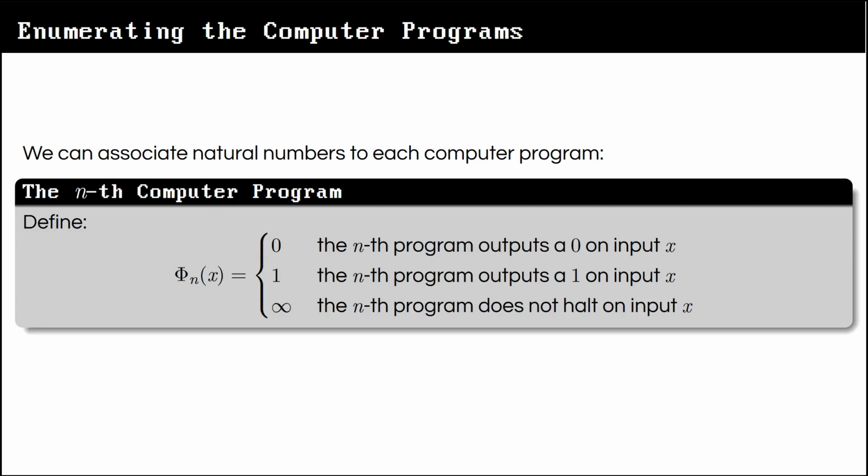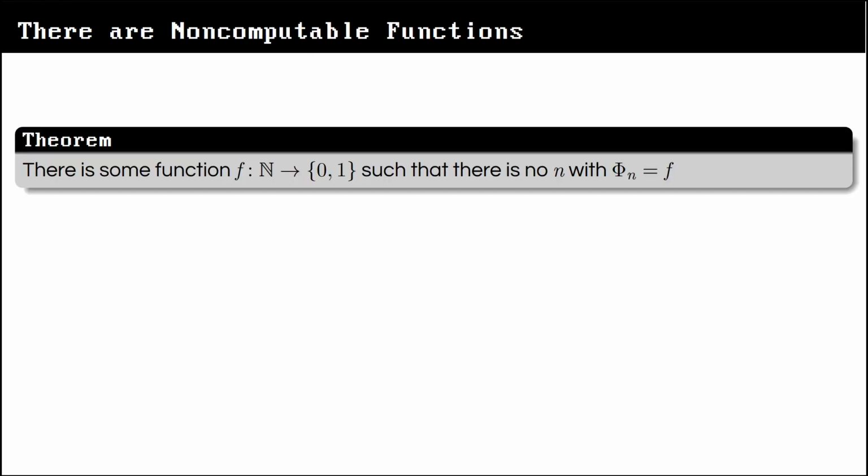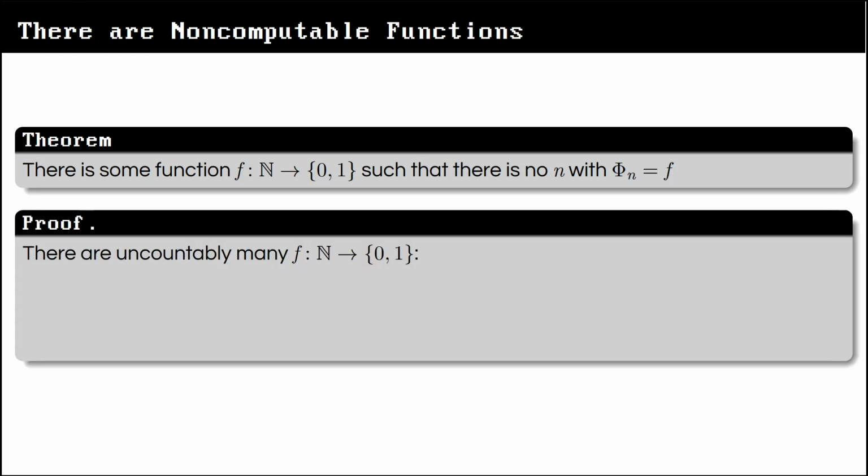We're going to want to be able to convert back and forth very easily between natural numbers and the programs that they correspond to. Our list phi sub n will contain every computable function from the natural numbers to {0, 1}, but it won't contain all functions from the natural numbers to {0, 1}. There's an easy proof of this fact.